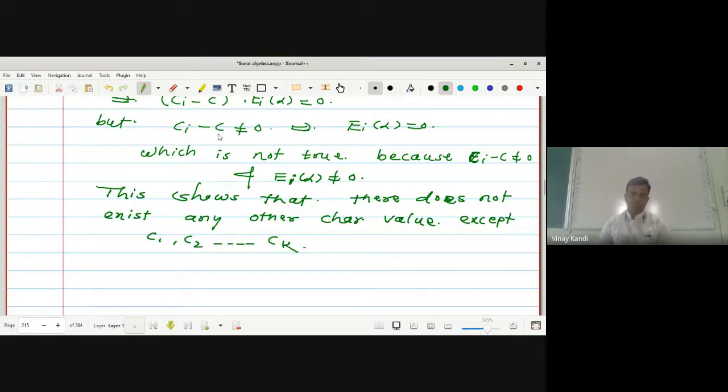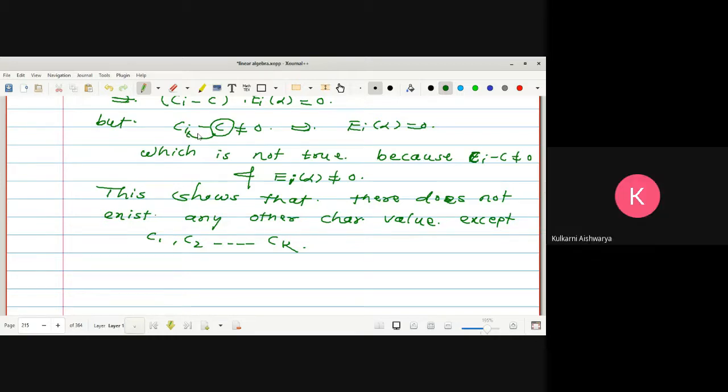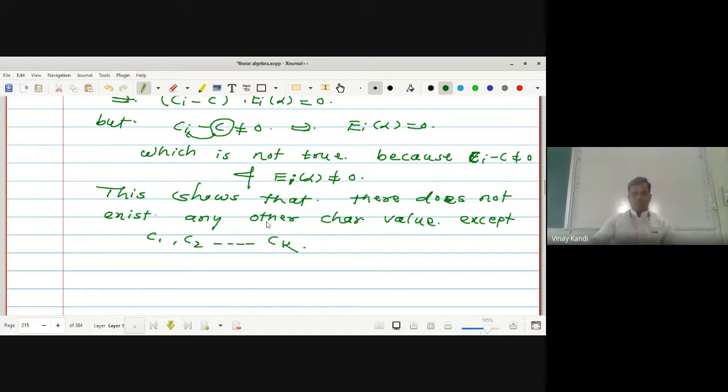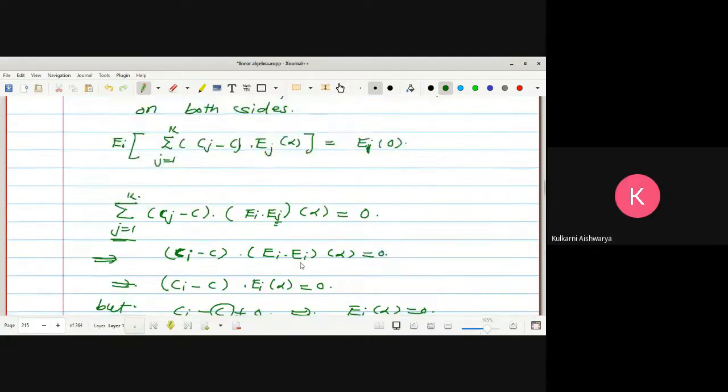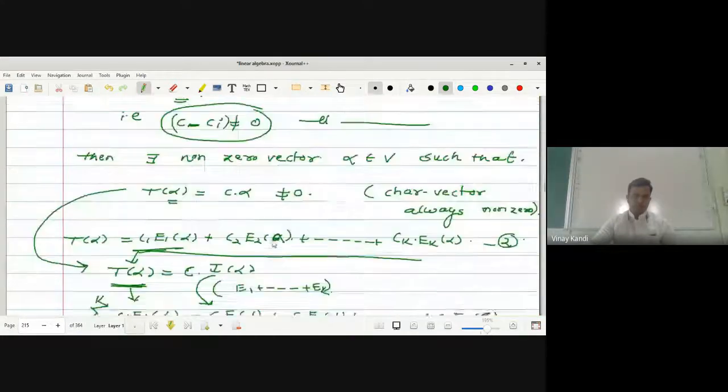So hence this c must coincide with one of the ci. Is it correct? Yes, sir. Okay, any doubt up to here? No, sir.